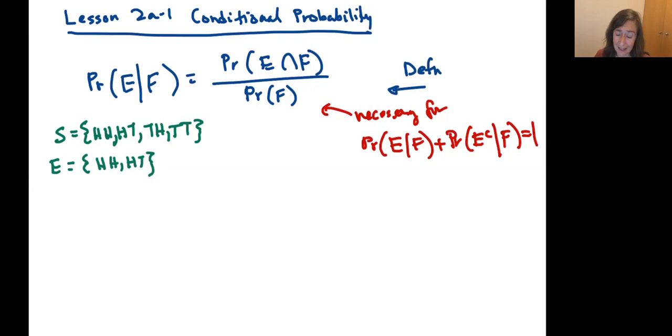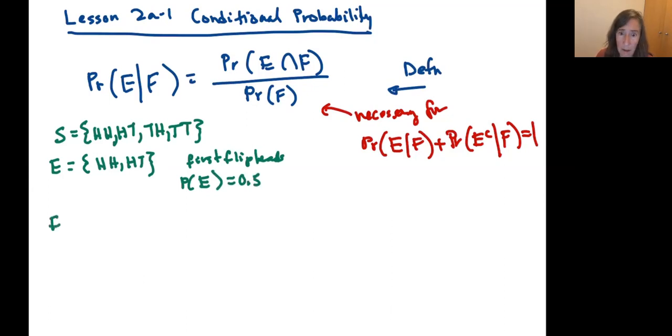So event E is the event that the first flip is heads. I would say that in English: first flip, heads. And while we're admiring E, we might know that the probability of E, we're going to assume it's a fair coin throughout this example, is 0.5.